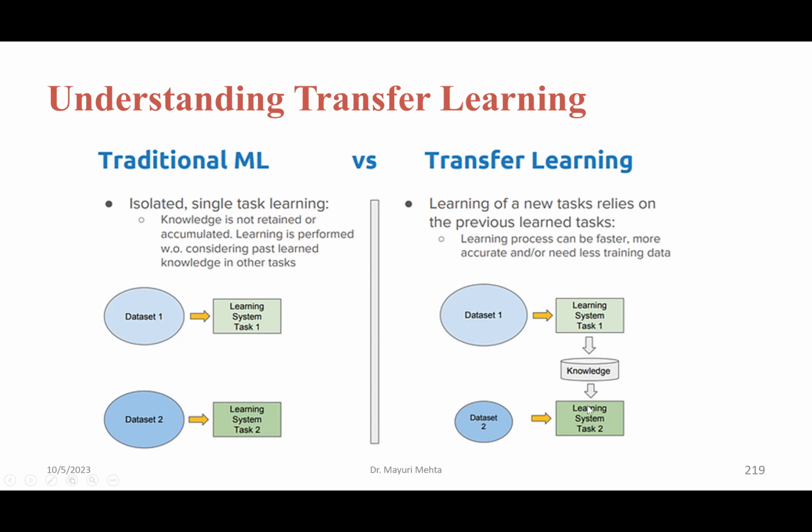This knowledge is transferred when it has to learn some other task. At that time data set 2 is also used. Of course, this is required because this is a new problem, a new task. So a data set will be there, but this may be a data set having a small amount of data. You can see that this is a small circle compared to the rest of the circles. So even if you have a small amount of data, you can solve your problem. That is the advantage when we use transfer learning.